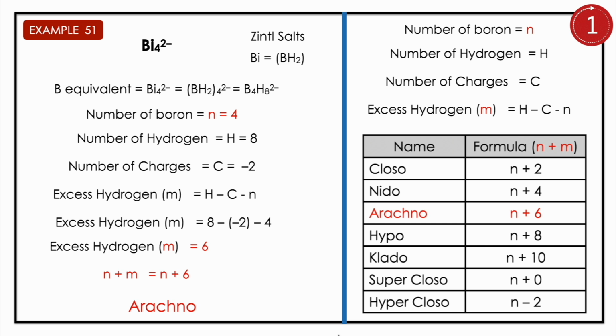If you solve it, you have M equals 6. M equals 6 means it is an N plus 6 system. If you look at the table, N plus 6 means Arachno structure. So according to Wade's rule, the Zintl salt Bi4 2- has the Arachno structure.